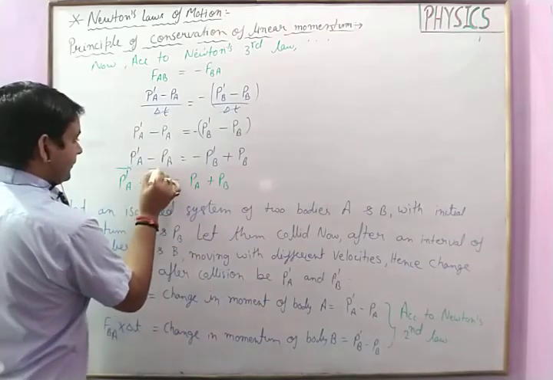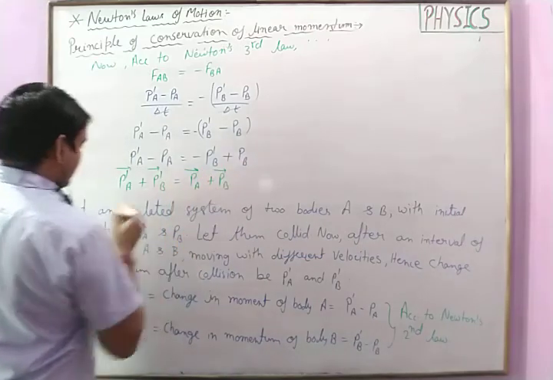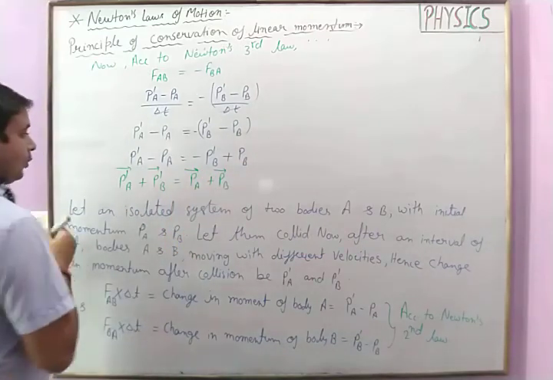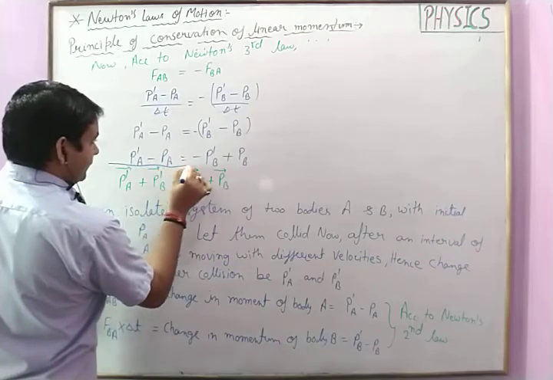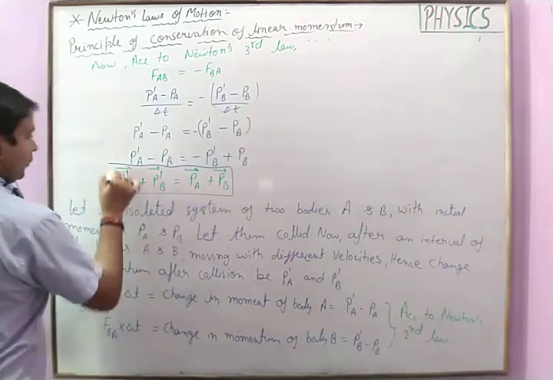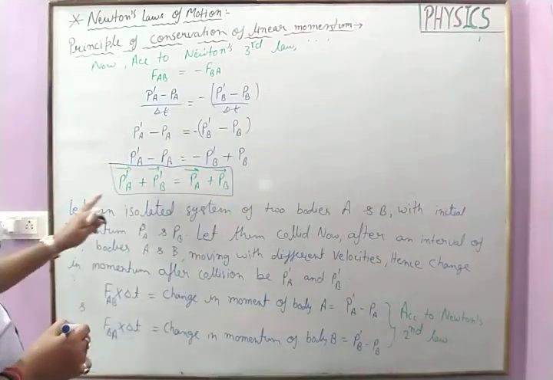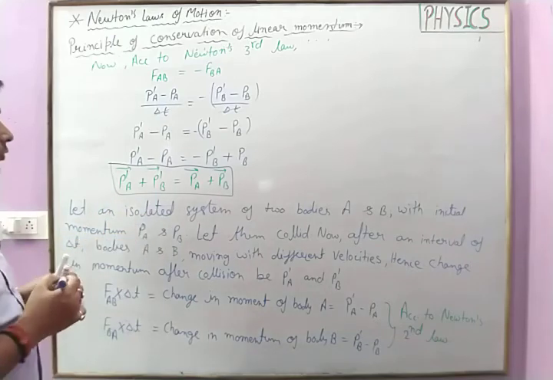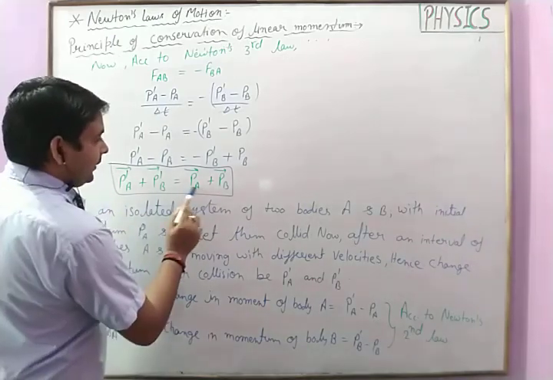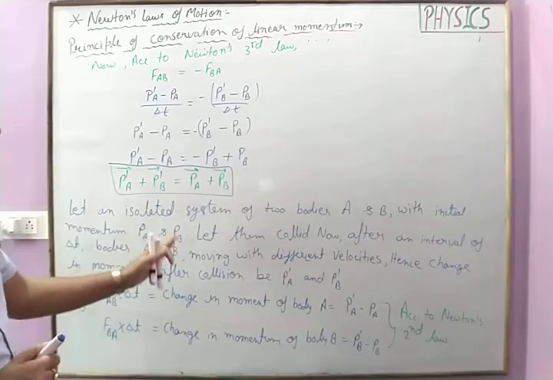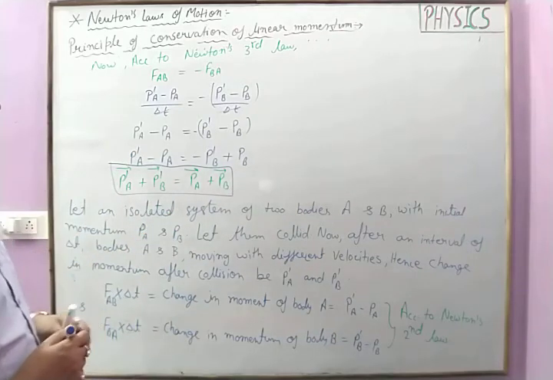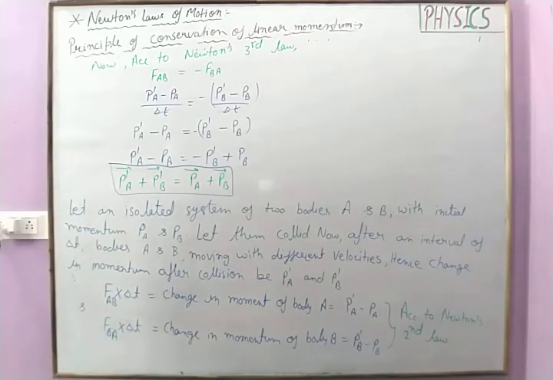That is, the sum of momentum of bodies A and B after collision is equal to the initial momentum PA and PB. This is the proof of conservation of linear momentum.